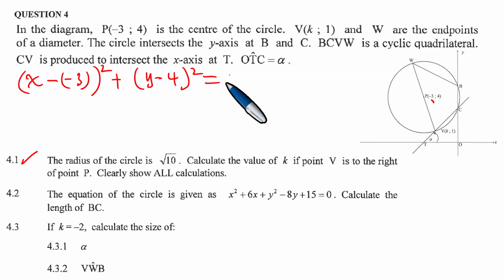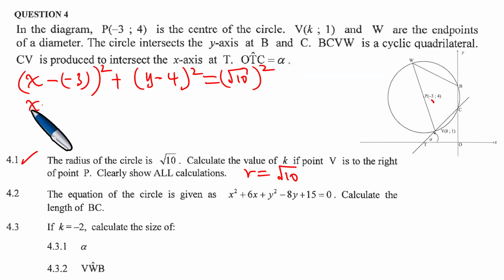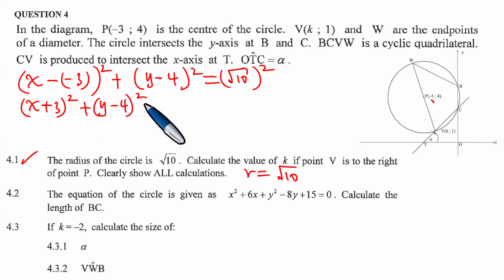It is equal to the radius squared, and the radius is the square root of 10. Which means (x + 3)² + (y − 4)² = 10. This is the equation of the circle.